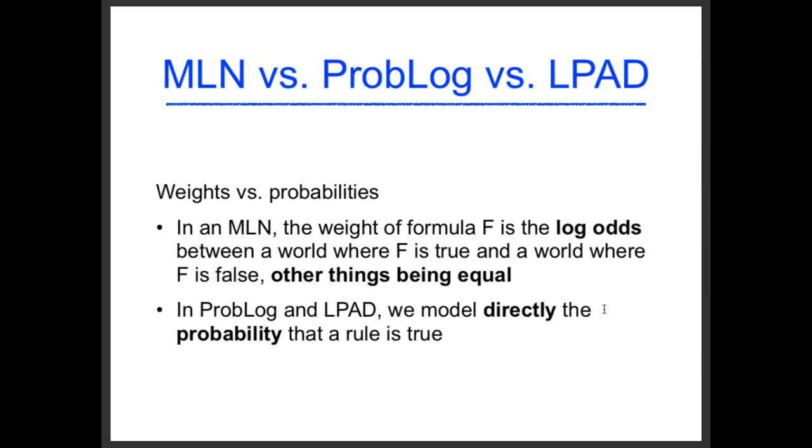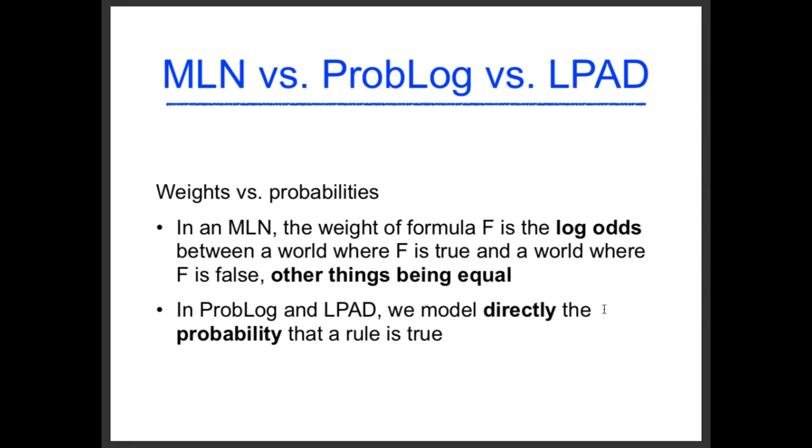Okay, I want to also make a brief remark here on differences with respect to ProbLog and LPAD. And the key difference is the fact that here, for the moment, we have not seen probabilities, and we will never see probabilities attached to formulae. Okay, we have real valued numbers. So it's hard. This is a criticism of Markov logic.